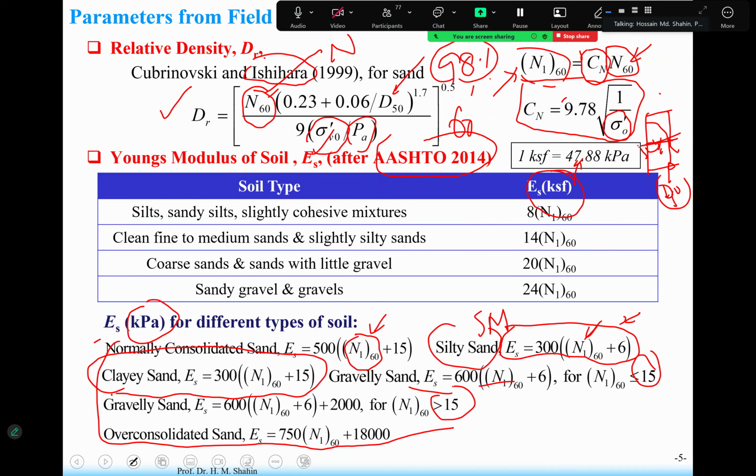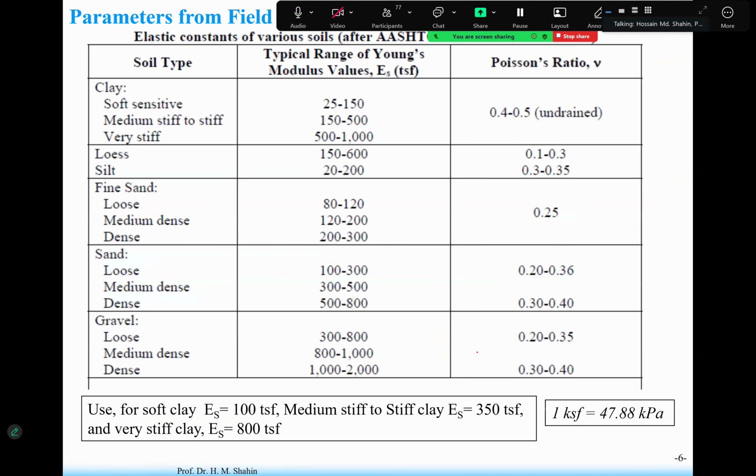And overconsolidated soil, you don't know whether it is overconsolidated or not, so it's better we will not use it. We use only this equation for clay sand and silty sand. For gravelly soil and gravelly sand you have to use these two equations, but I think you don't have this type of soil.